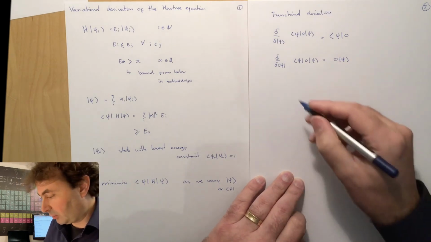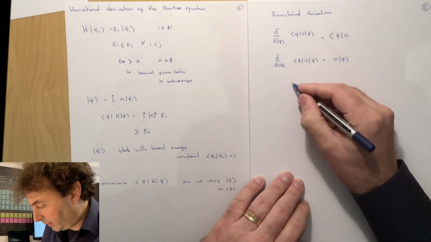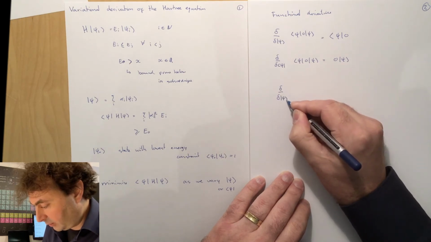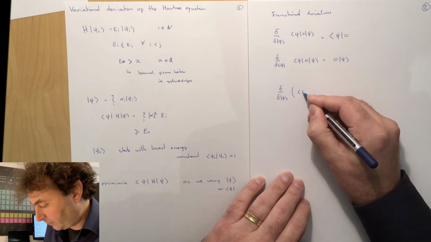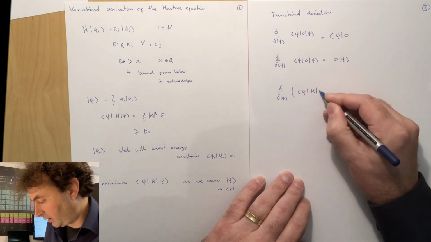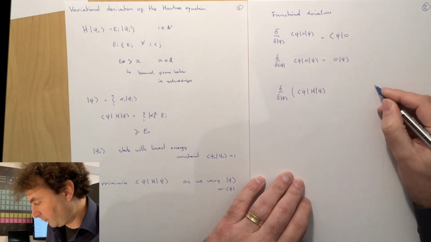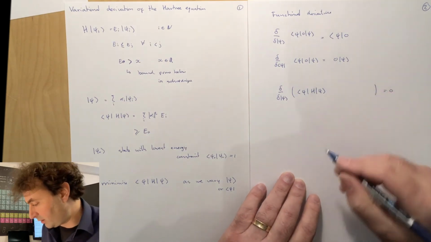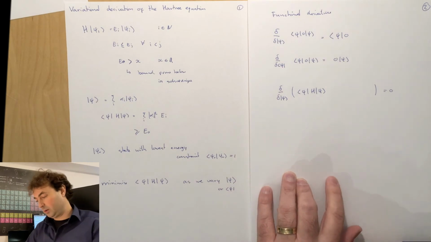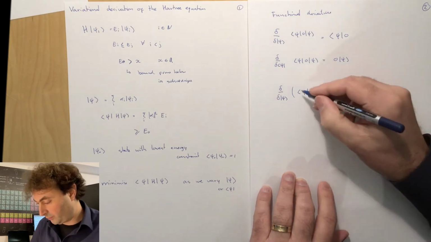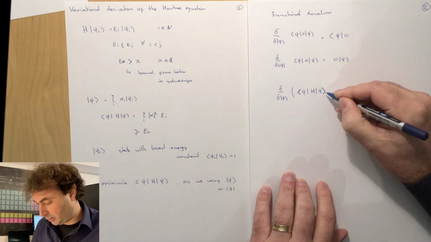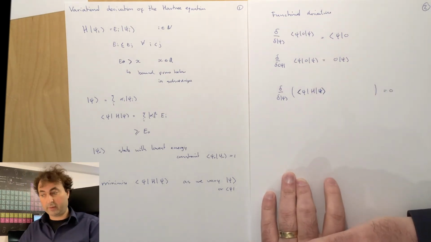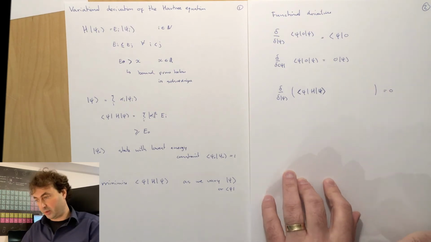So we want to minimize our energy, which means we can look at the derivative of the expectation value of the Hamiltonian and require that this is 0. So this is a needed condition, but not all states that follow this condition will be the ground state, but the ground state will follow this condition.